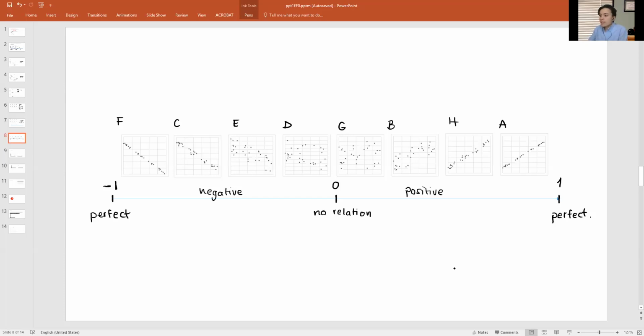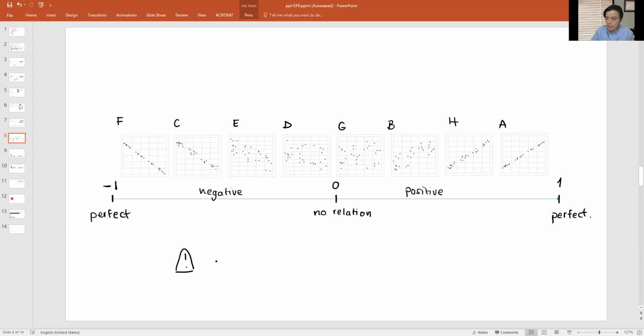All right, so this is exactly how we're going to define our measure for association, with the caveat, which I'm going to repeat a lot of times, that this only works for linear associations. You can see that here we say perfect association. That means that this is almost a line. Same thing on the other side. This is perfect association, which means that this is almost a line, but with that positive number.